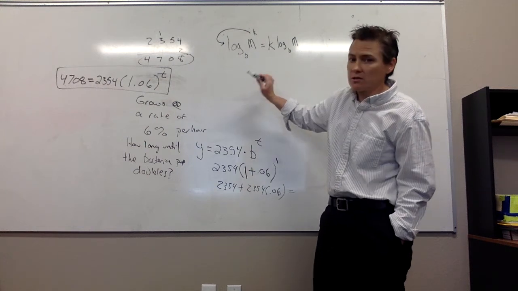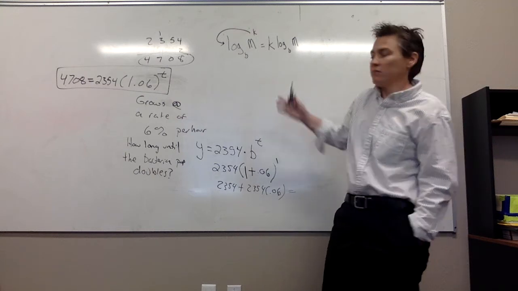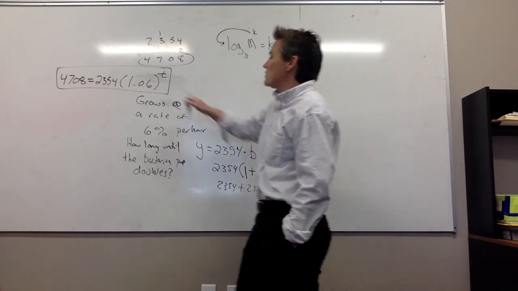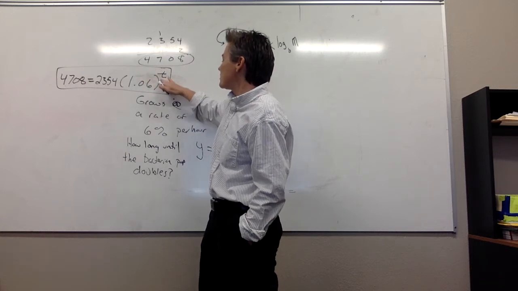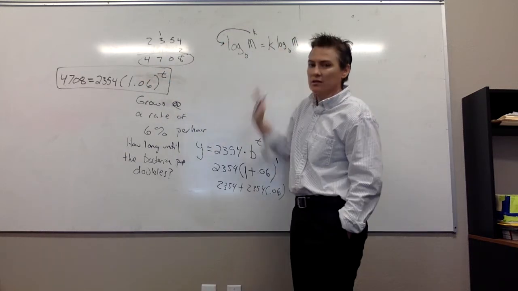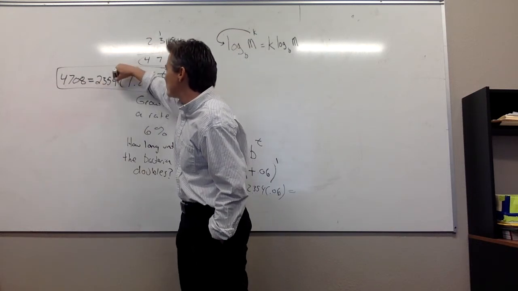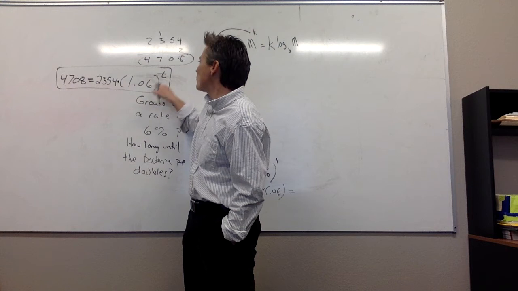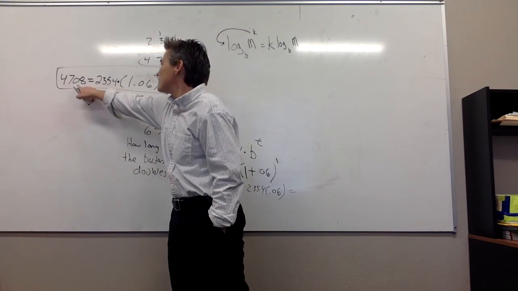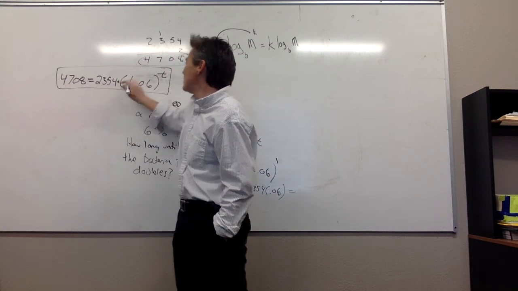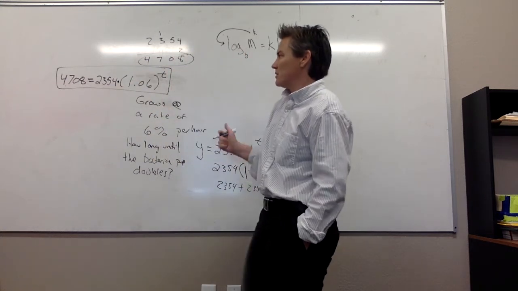This property is really cool because it allows us to take that exponent variable and multiply it by our logarithm. Well, when we first look at this, we don't have any logarithms. So how are we going to use this property? With equations, whatever you do to one side, you do to the other side, and it's fair game. So step one, we want to get t as isolated as we possibly can before we start filling in logarithms. We can divide both sides by 2,354 so that we just have 1.06 to the power of t on one side.